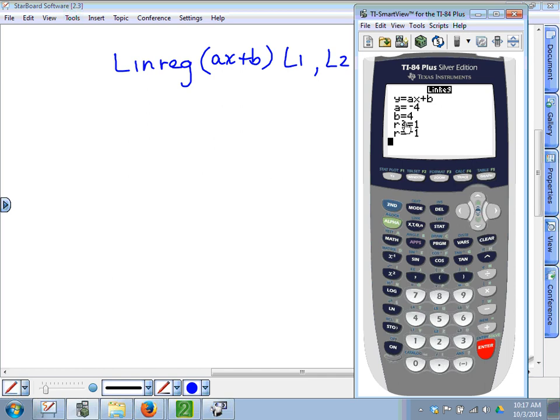Diagnostic on each time. Oh, you cleared it. Just keep hitting enter a bunch of times.